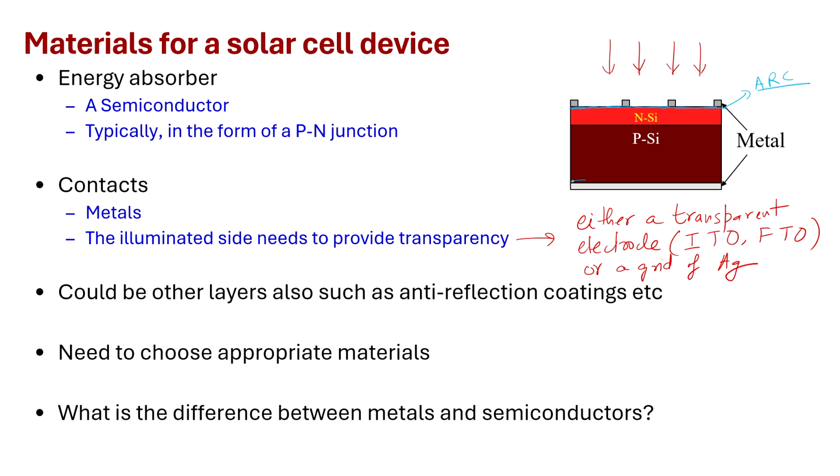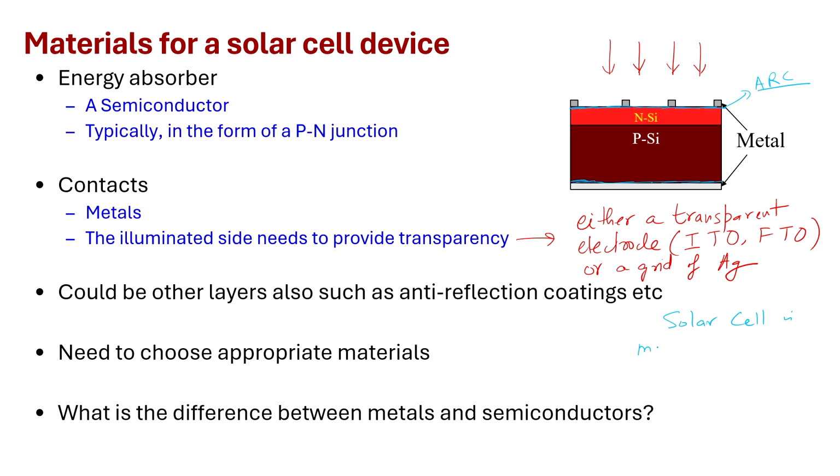On the back side also sometimes a layer is put to improve the carrier extraction or device characteristics. So depending upon the device configuration, in organic and perovskite solar cells we put electron and hole transport layers on top or bottom of the semiconductor. So depending upon what kind of device you have, between the metal contact and the semiconductor there are other interlayers which are present.